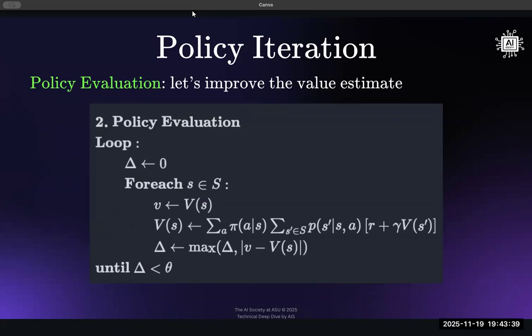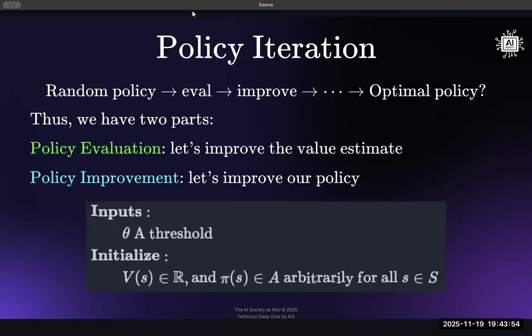So like the difference between the value estimate and the true value function. We're going to take the difference between those two, and we're going to see if it's less than that threshold. And if it's less than that threshold, then we've already converged. If it's greater than that threshold, we still need to keep running the algorithm.